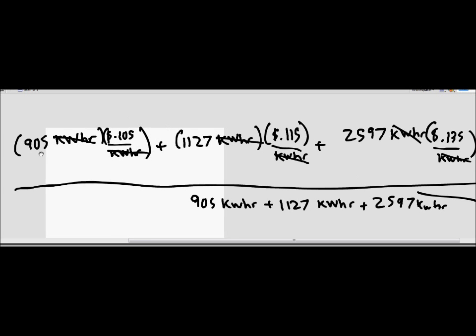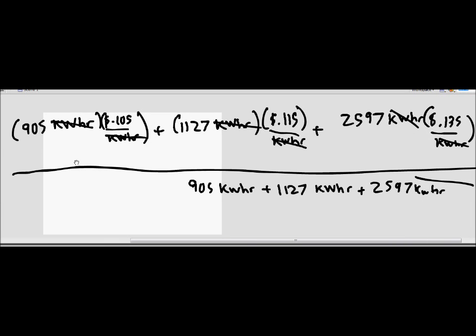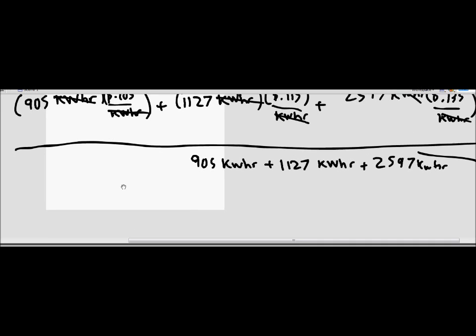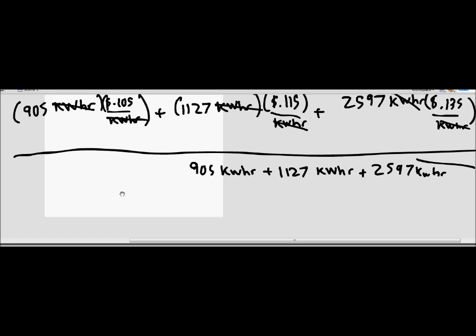Up in the numerator we found the total cost, and in the denominator the total amount of kilowatt hours, and we're supposed to find the average cost, so we plug all of this into a calculator. I'll let you multiply those values together yourselves, because it's basically just plugging into a calculator.